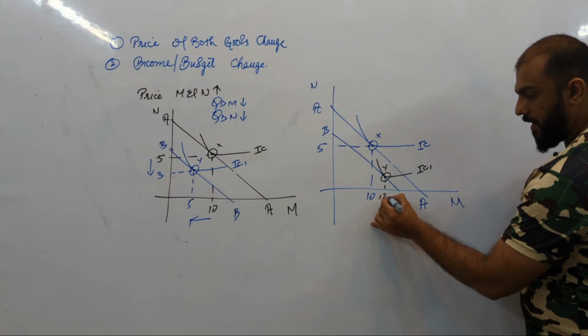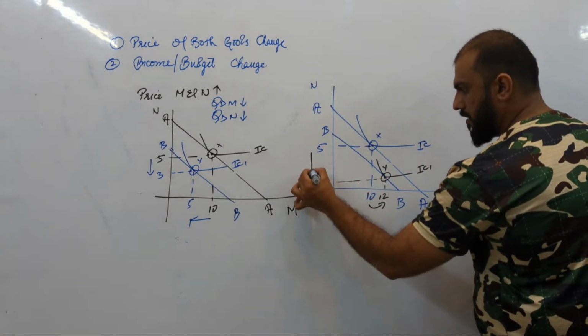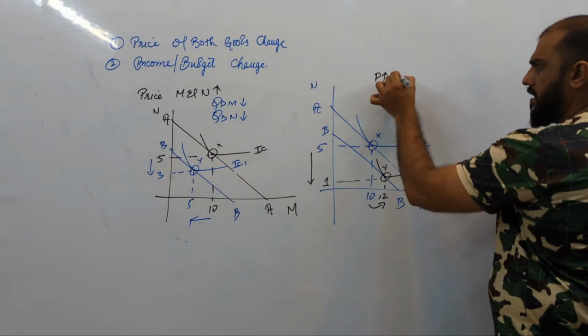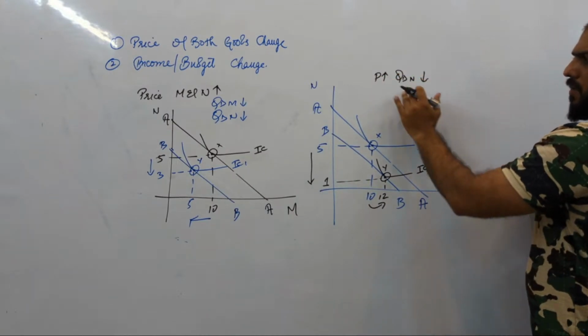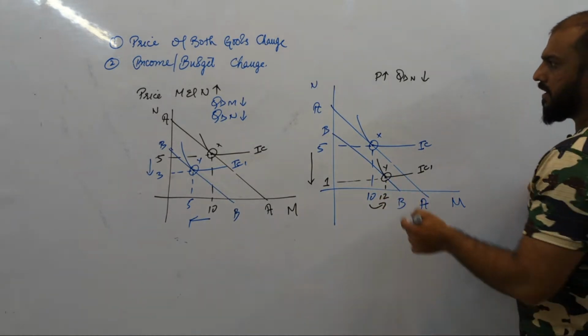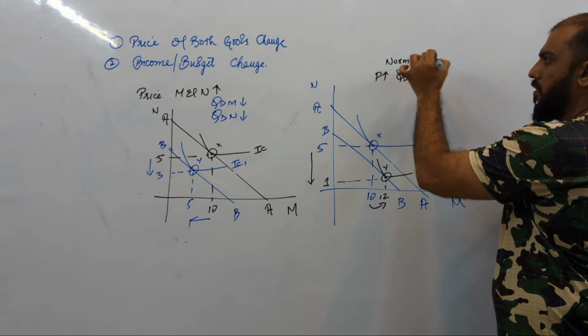I'm consuming 12 units of M and I'm consuming 1 unit of N. So the price increased and the quantity demanded of N decreased. Well, this looks pretty normal. When the prices increase, the demand would decrease. Hence, this is my normal good.